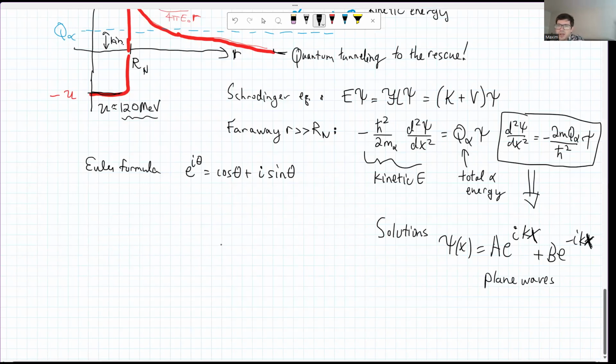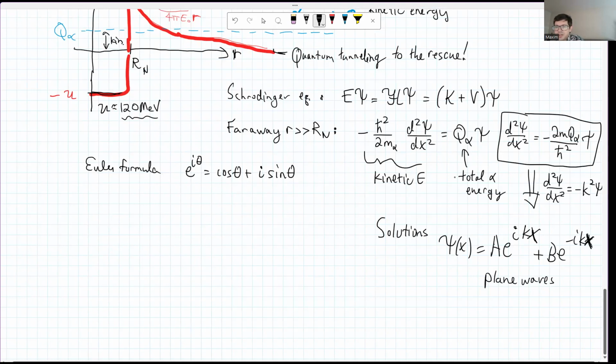And k is a wave number. This equation you can also write as minus k squared psi. So you have this minus sign, right?